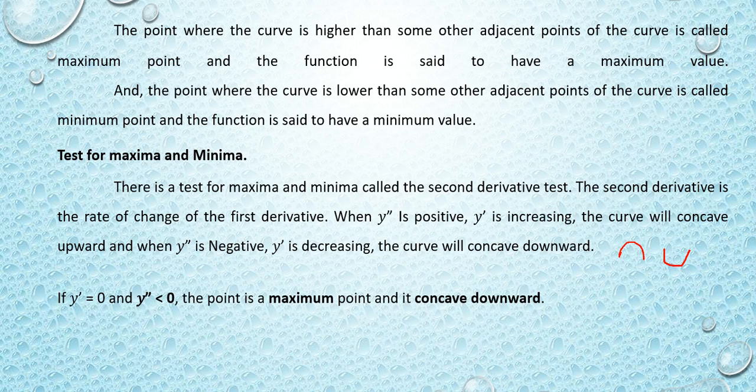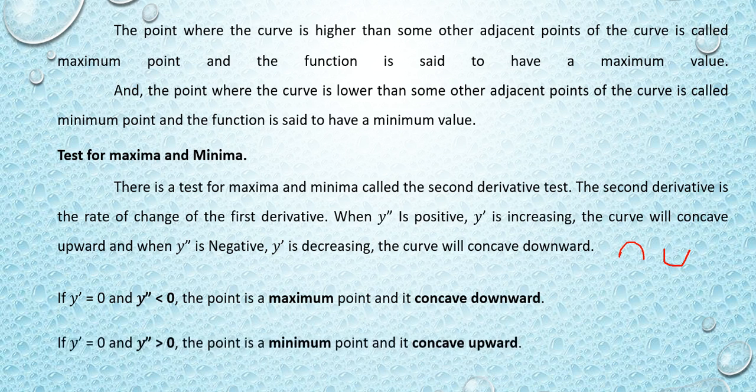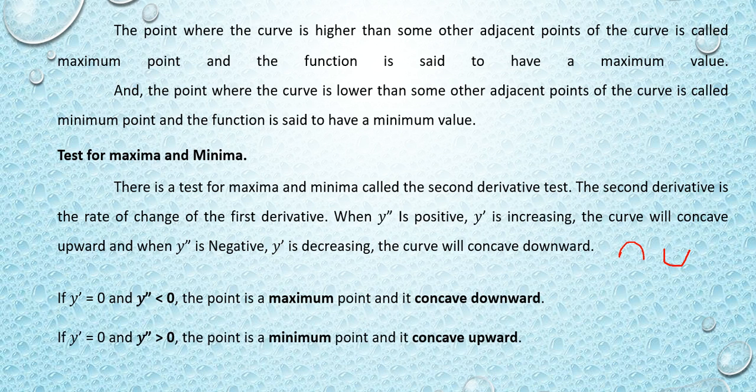If y prime is equal to 0 and y double prime is less than 0, the point is a maximum point and it is concave downward. If y prime is equal to 0 and y double prime is greater than 0, the point is a minimum point and it is concave upward.